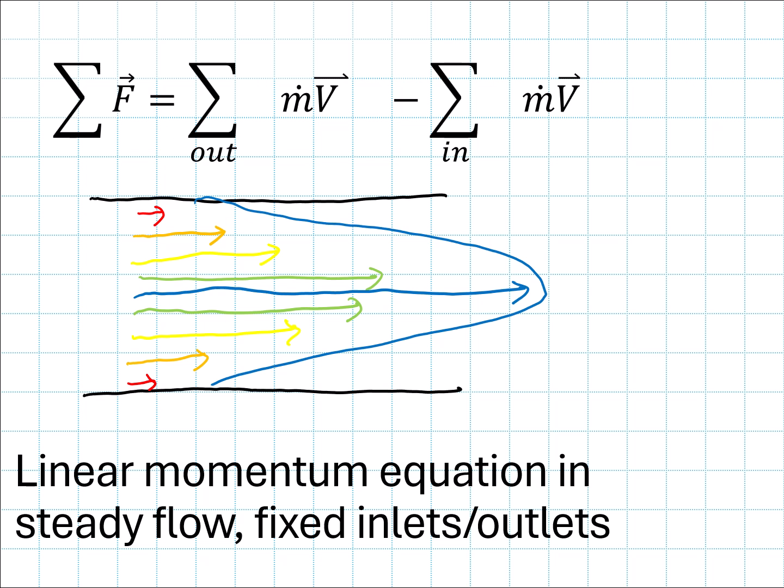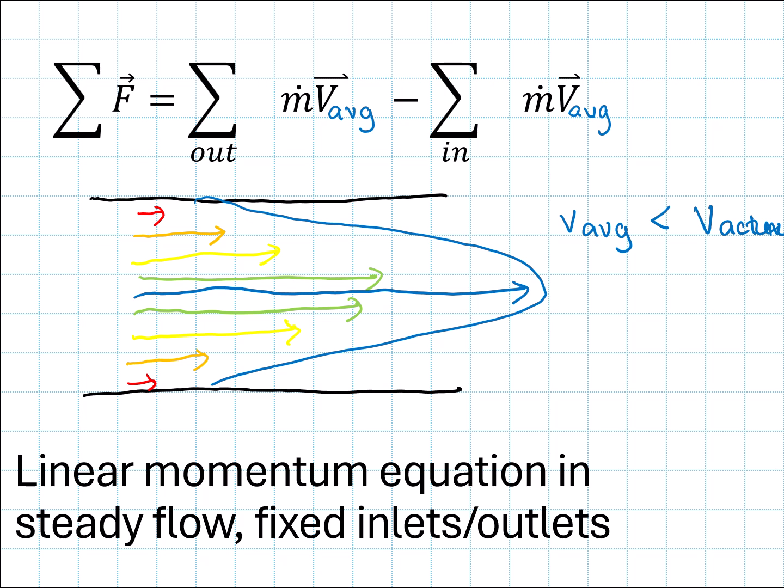And so I want to bring your attention to the velocity term in our momentum equation. So typically we're going to be using a mean velocity to calculate momentum. So I'm just going to add that here, make it very clear that this is a mean velocity. And if I take a mean across a non-uniform velocity profile like this, I'm always going to wind up with an underestimation of the true velocity.